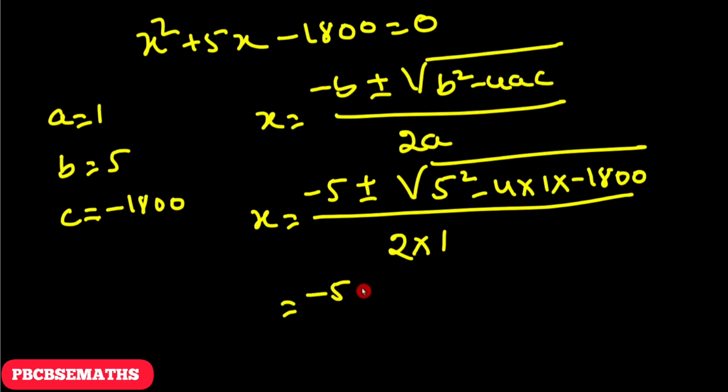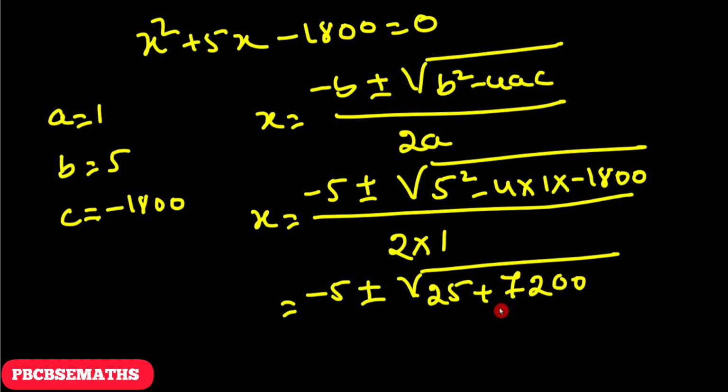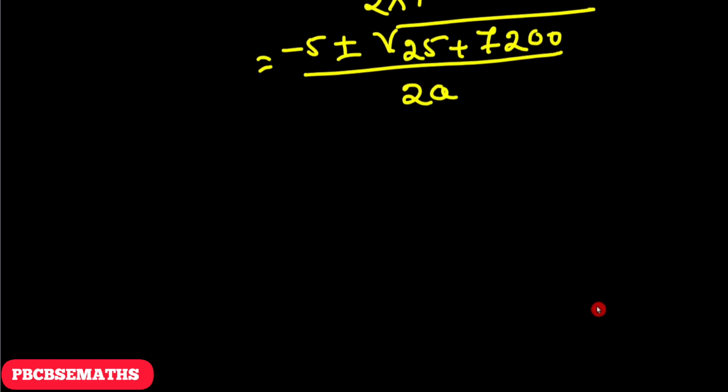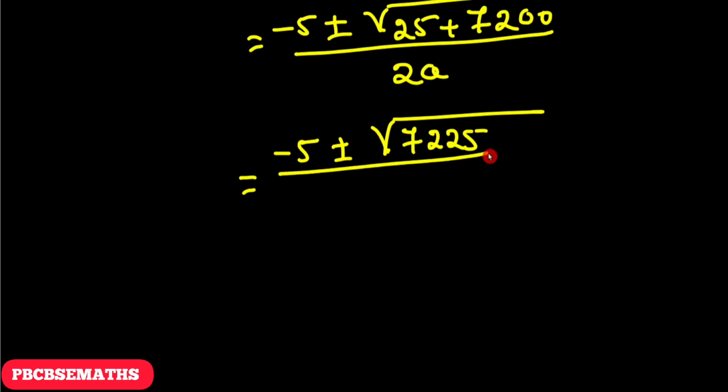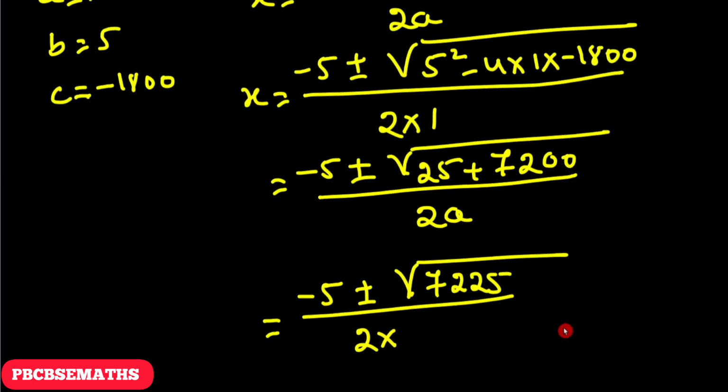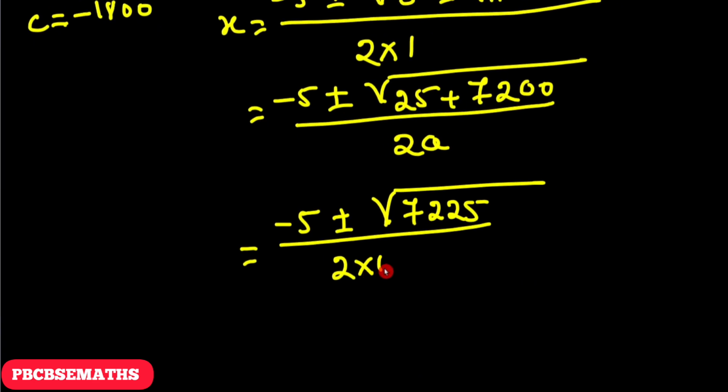So which gives us minus 5 plus or minus square root of 25, minus into plus gives us minus, minus into minus gives us plus. 18 fours are 72, and those two zeros as it is, divided by 2 times a. Further simplification gives us minus 5 plus or minus square root of 7225, divided by 2 into the value of a, which is 1.